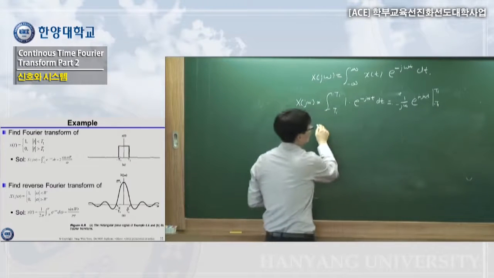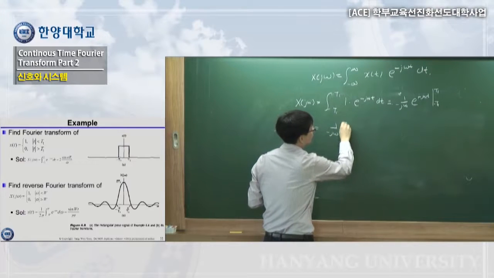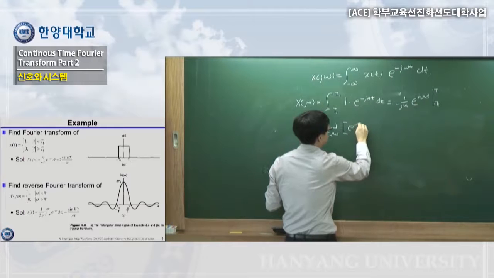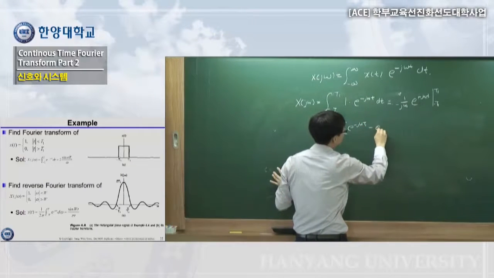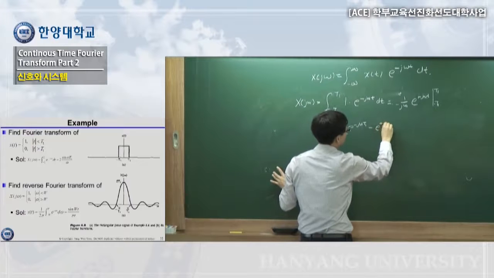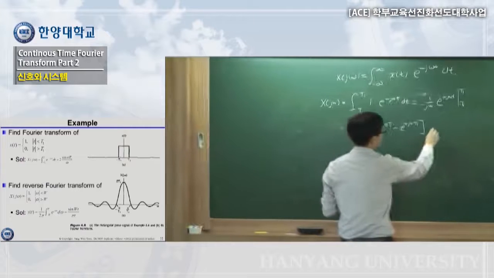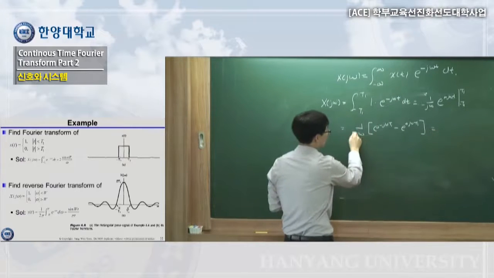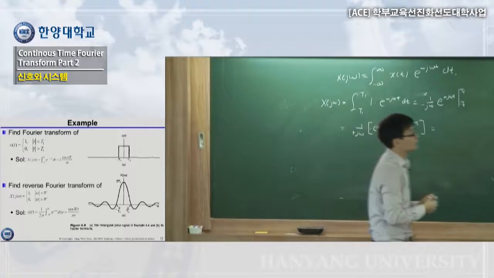Then you will have 1 over minus j omega times e^(minus j omega t1) minus e^(plus j omega t1), because we put minus t1 here. And let's reverse the sign. And that's our answer.